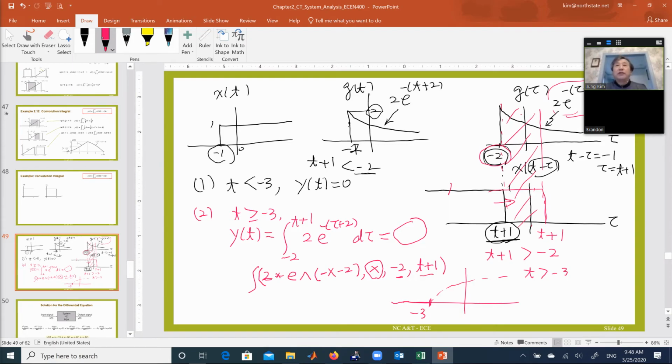Correlation is for recognizing objects: face recognition, speech recognition, pattern recognition. The system processing that removes noise and does enhancement is a convolution function. So convolution is very important for the electrical engineer, and that's the reason you must understand it.